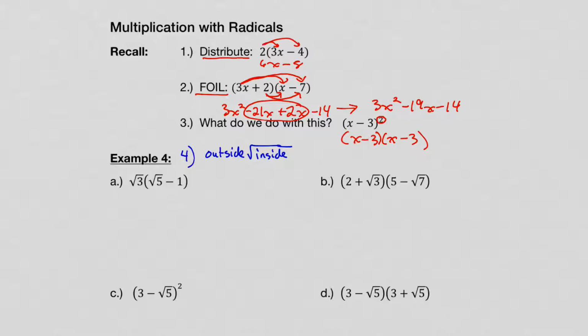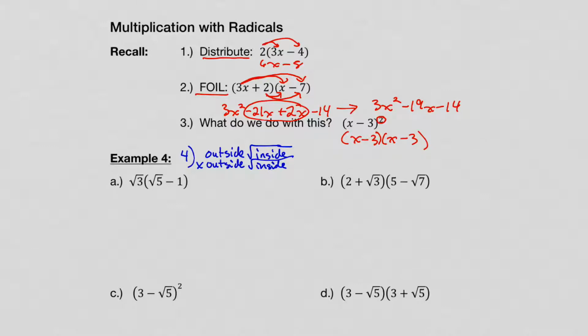And so when we do multiply two of these, we can do outside times outside and inside times inside numbers. Okay? So we cannot mix up the outside and inside. So I just want to remind you of that because we're going to see a lot of that in the next couple examples.